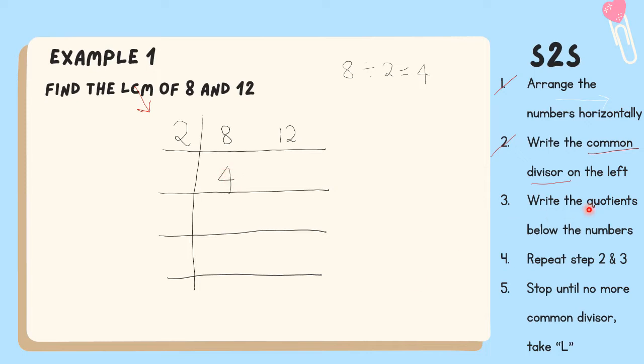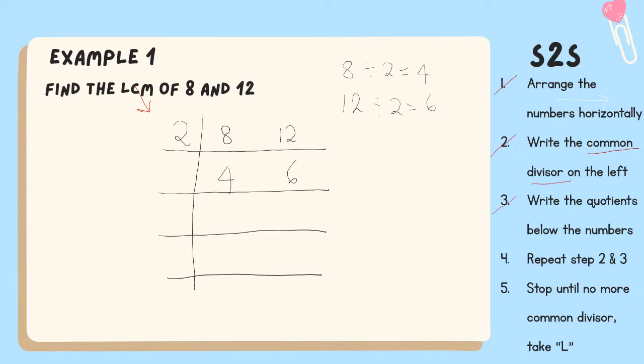This is the quotient right here. We are doing step 3 now. Write the quotient below the number. So 8 divided by 2 is 4. Next, 12 divided by 2 is what? So 12 divided by 2 is 6. So 6. So that is step 3.